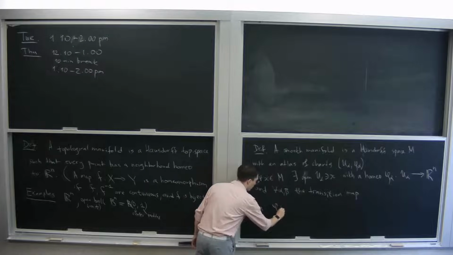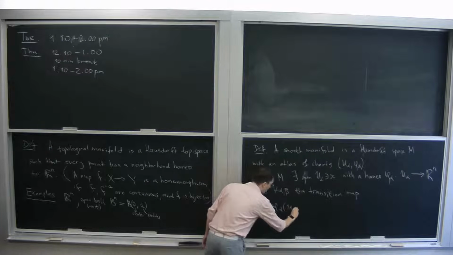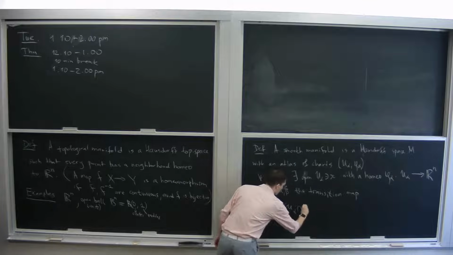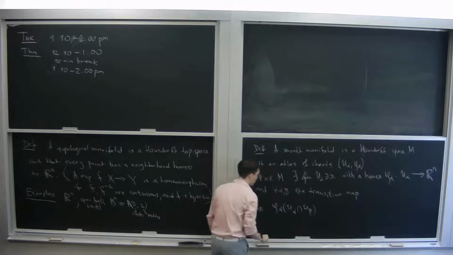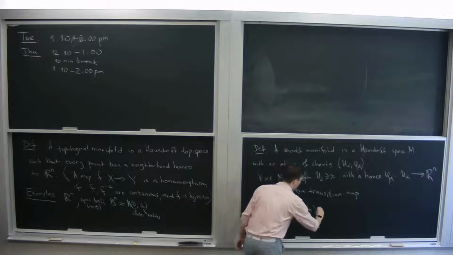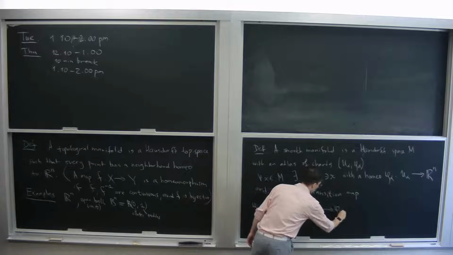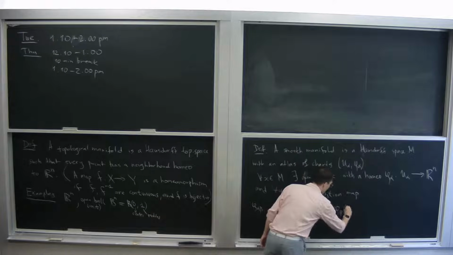It is a map from the image of the intersection, so U alpha intersected with U beta is mapped to the image under phi beta.